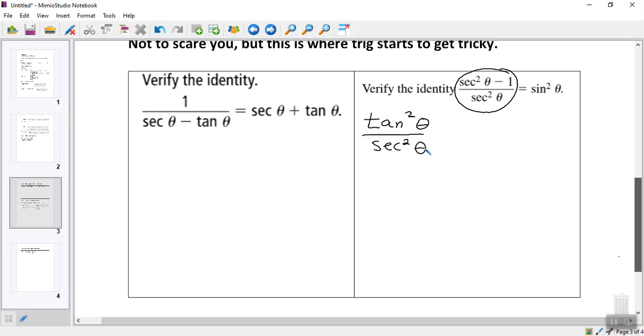Okay. I'm going to say from this, watch what I do. I'm going to call this tangent squared sine over cosine squared. Is that okay, kids? So it becomes sine squared theta over what? You guys okay with that? That's the tangent part, isn't it?